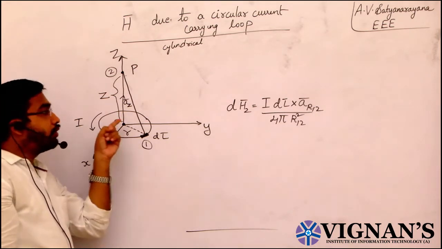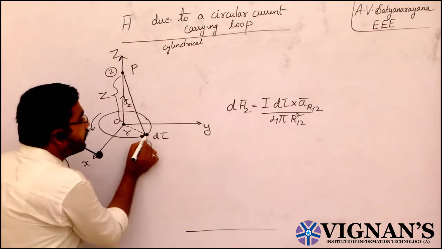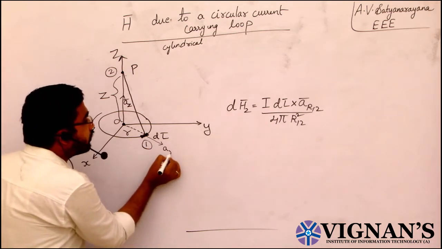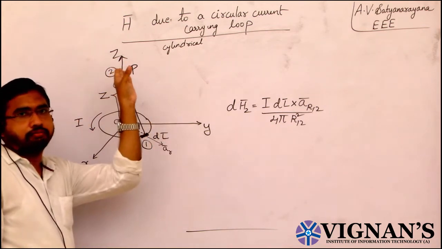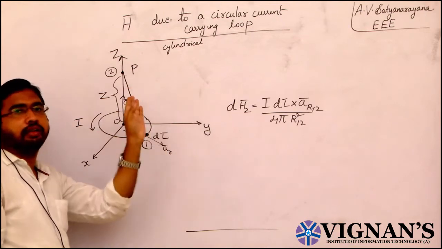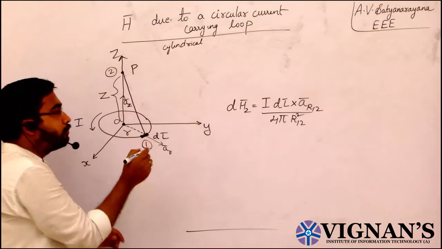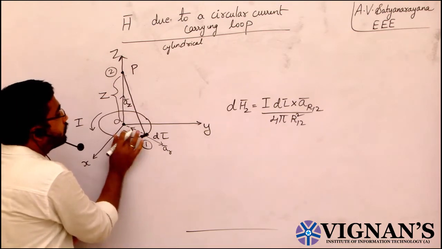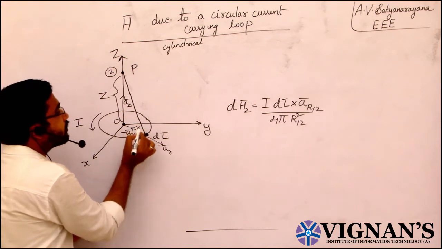Now the unit vector perpendicular to that surface of the cylinder will be a r. This is a r, but your point P is inside that cylinder. That means instead of coming out, you should go inside towards that point P. Here you can mark minus a r bar, and your radius is r.